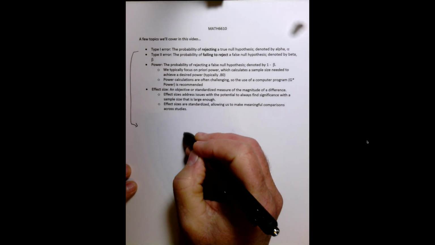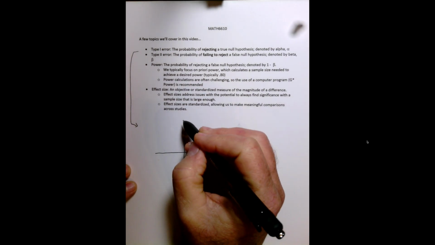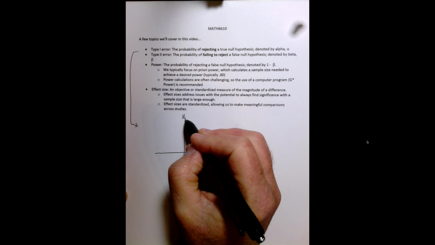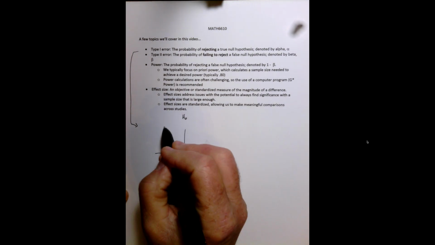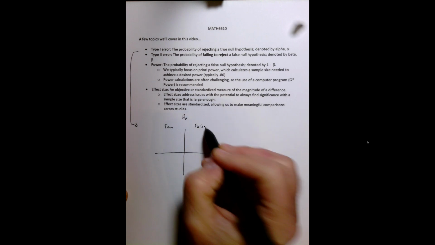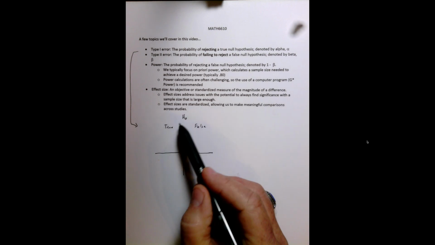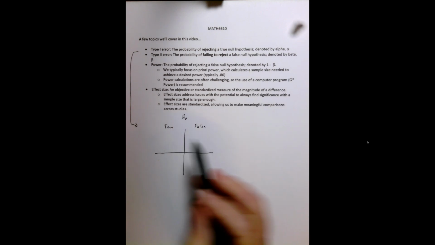Now, I think the easiest way to remember this is to look at the contingency table. And so if we think about the statement for H sub O, this is either true or false, right? Problem is, in hypothesis testing, inference in general, we never know whether it's true or false, but in theory, this statement is a true statement or it's a false statement.